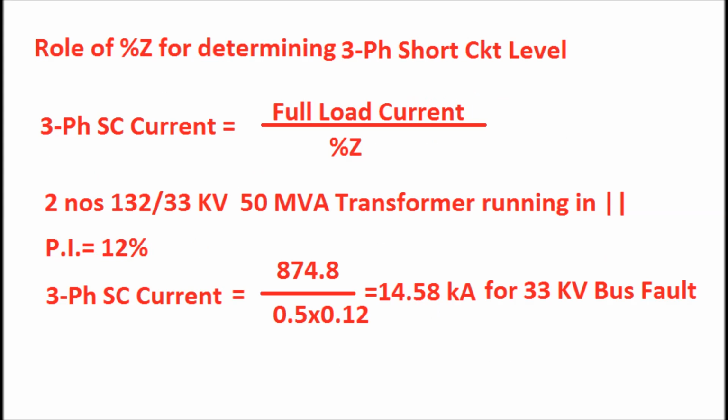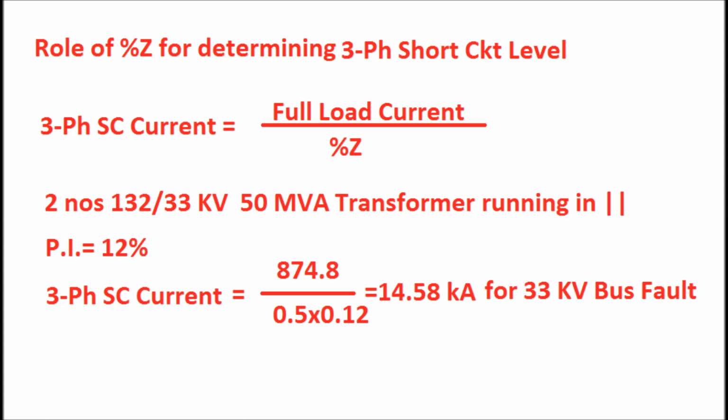Now, percentage impedance is an important parameter in order to determine the three-phase short circuit level of the low voltage side. So three-phase short circuit current can be calculated as the full load current of the LV side divided by percentage impedance. Now consider two 132/33 kV 50 MVA transformers running in parallel condition and percentage impedance of the transformers are equal, that is 12%.